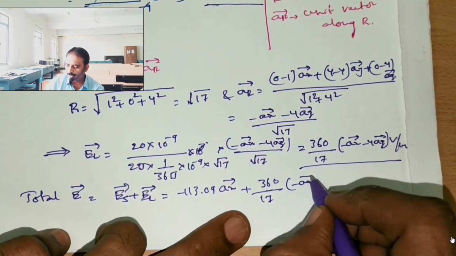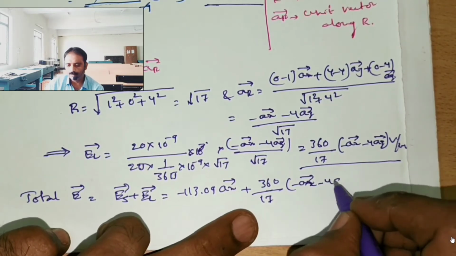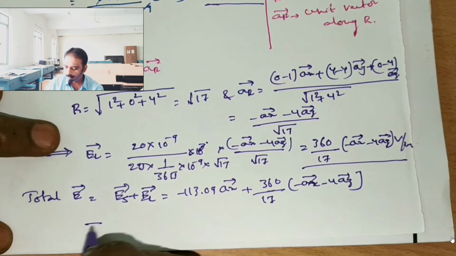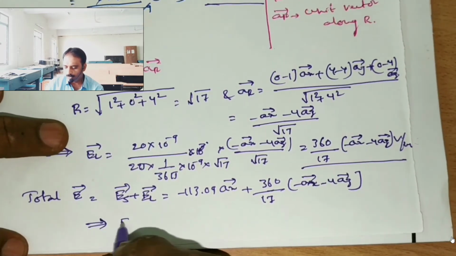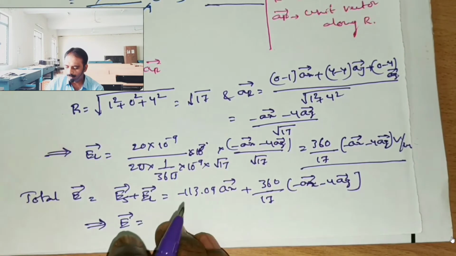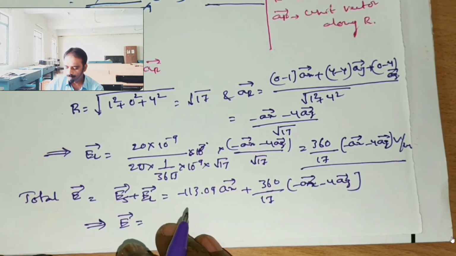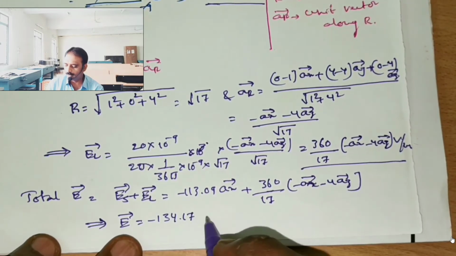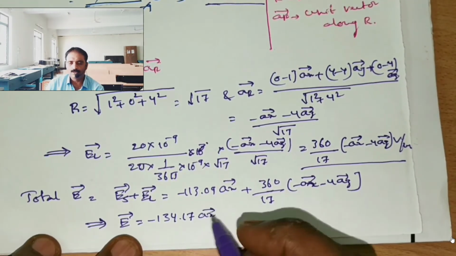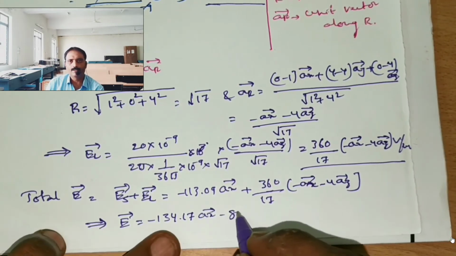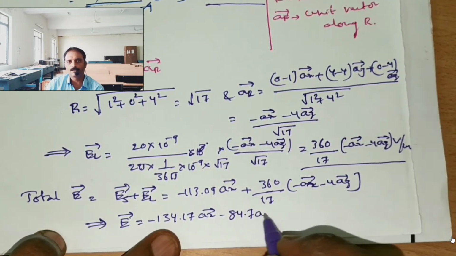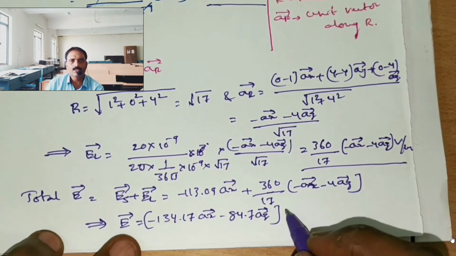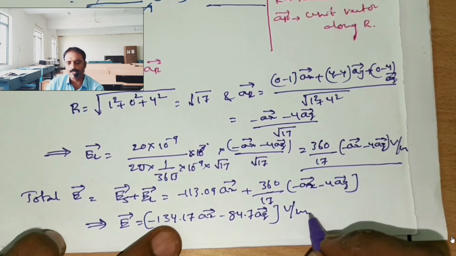And if you simplify this, we are going to get E bar as equal to minus 134.17 a_x bar minus 84.7 a_z bar volts per meter. This is the answer for the first question, that is the electric field intensity at the origin because of the two charges. One is the sheet of charge, and another one is the line charge.